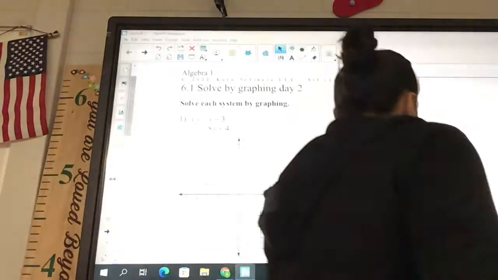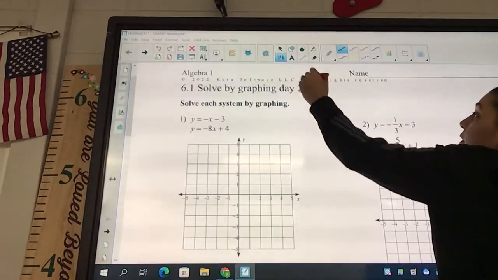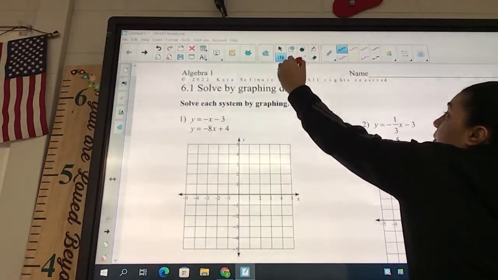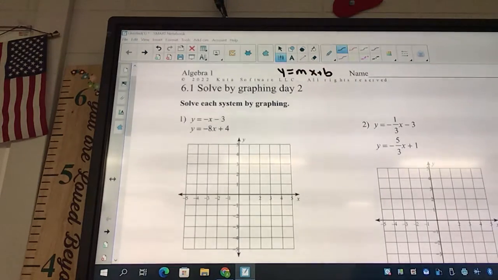So just a mini little quick review. Okay, so our equations have to look like this in order for us to graph them. The y has to be by itself, and we always plot the b first. That's our y-intercept.